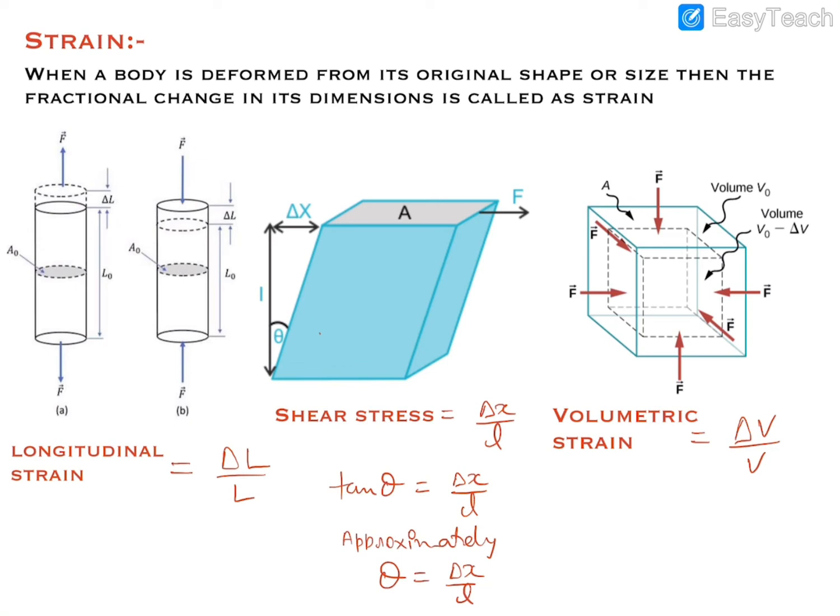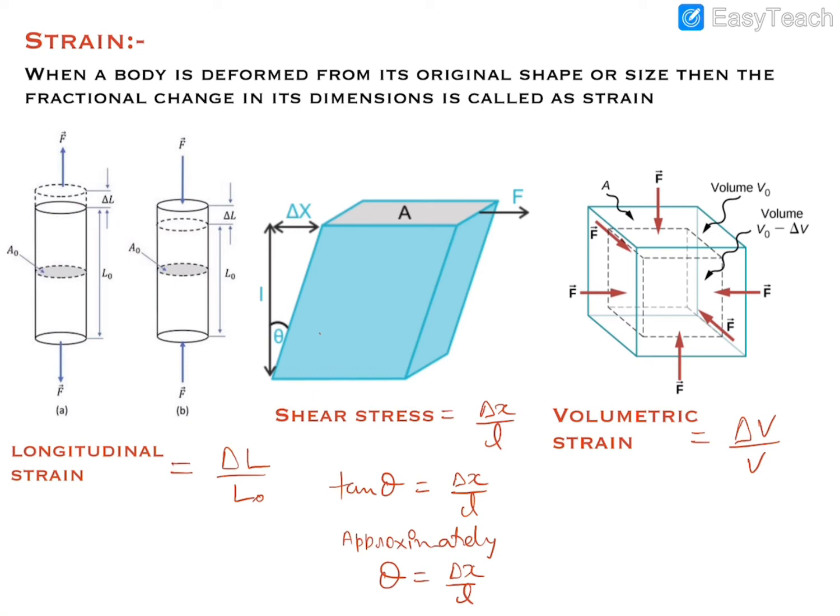Let's suppose this is a rod or a wire which is being pulled or compressed by a length of delta L, and L0 is the original length of this rod. So the longitudinal strain developed in this rod will be delta L upon L0, where L0 is the original length and delta L is the change in length.